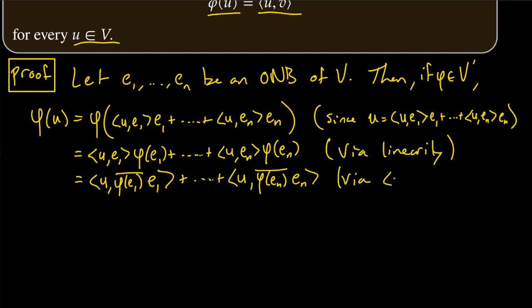So this just follows from the fact that x inner product with lambda y is equal to lambda bar times the inner product of x and y. So this is one of the nice properties of an inner product. That is, in the second slot, you can't exactly just pull out scalars, but when you pull them out, if you conjugate them, then everything works fine.